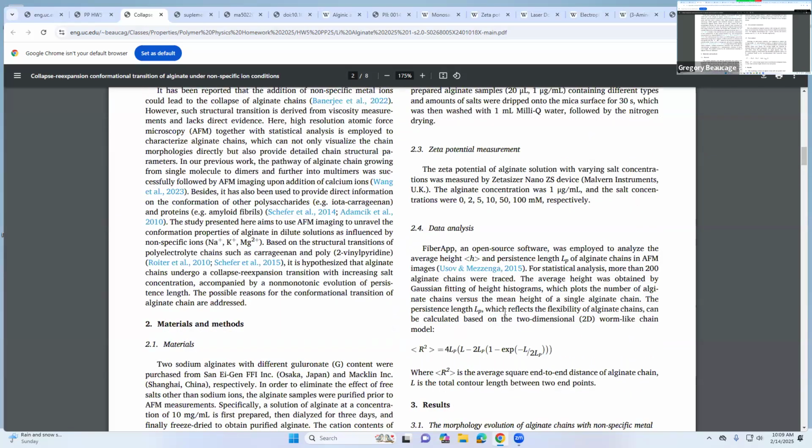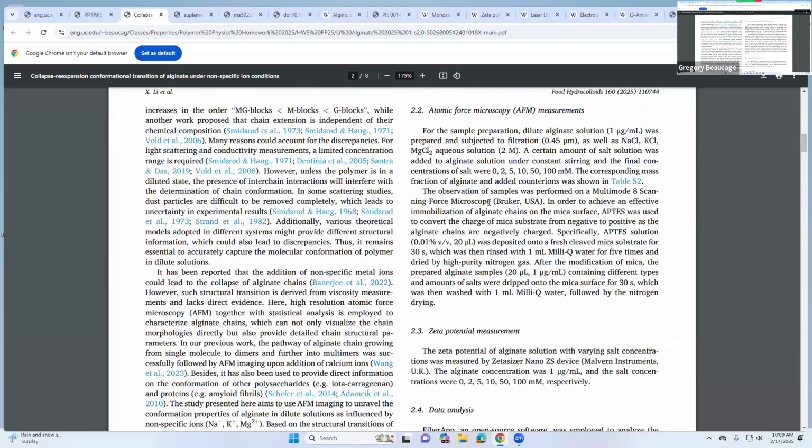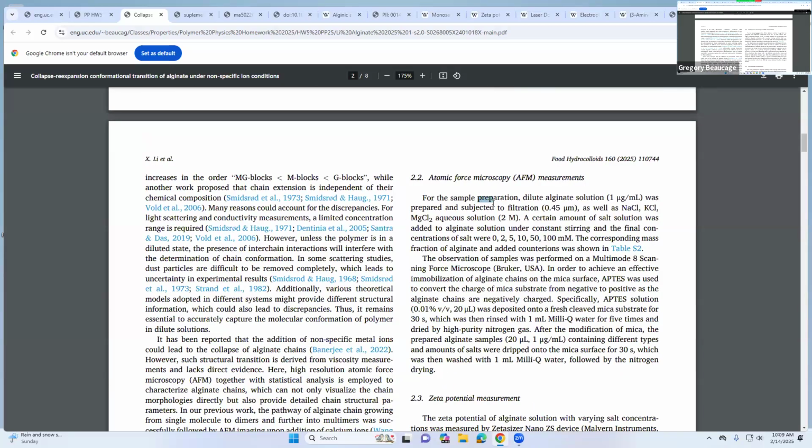they're going to see methods. So right here, they make a dilute solution. They say in order to get the persistence length, you need a dilute solution, for whatever reason, I guess aggregation or something. So they make a 1 microgram per ml solution. We were doing mg per ml, so this is like 1,000 times more dilute than that.